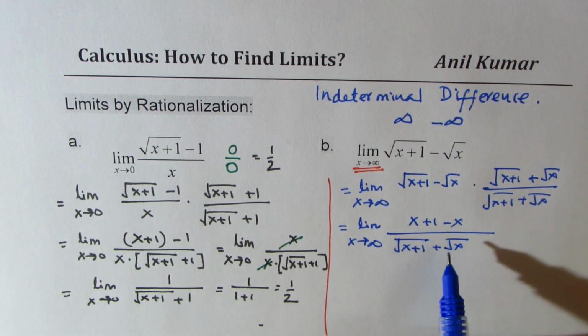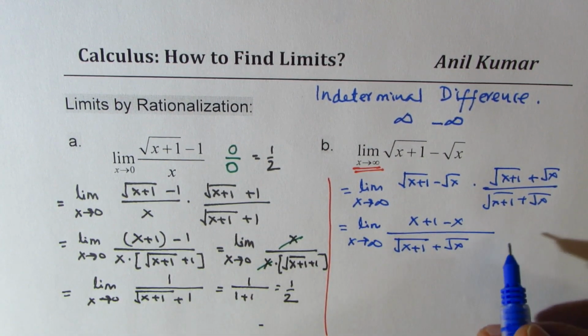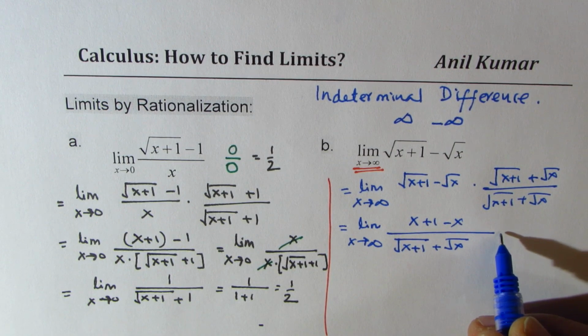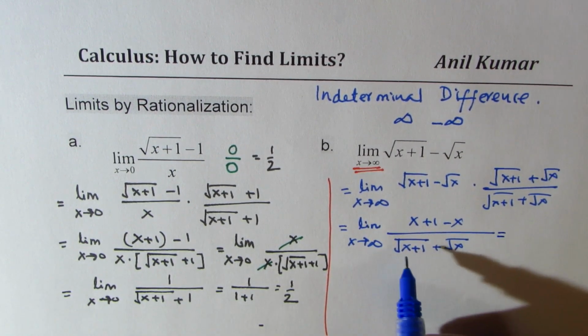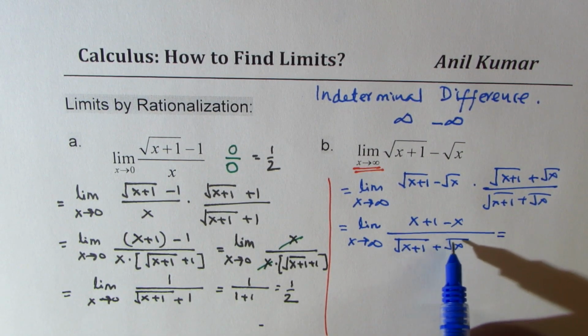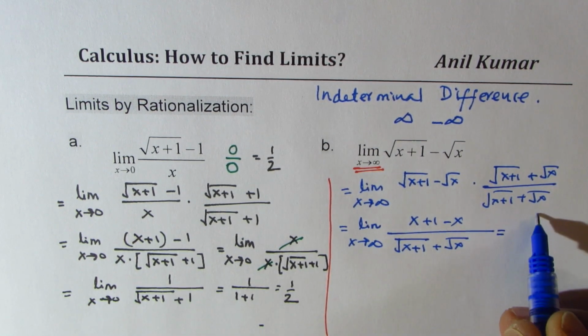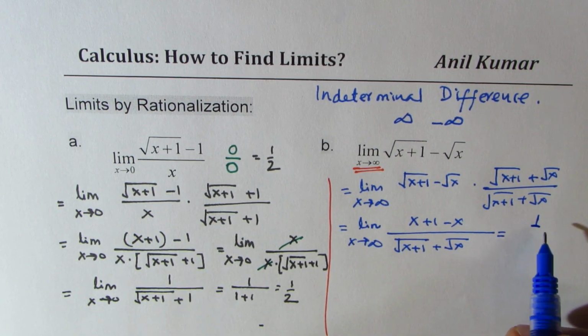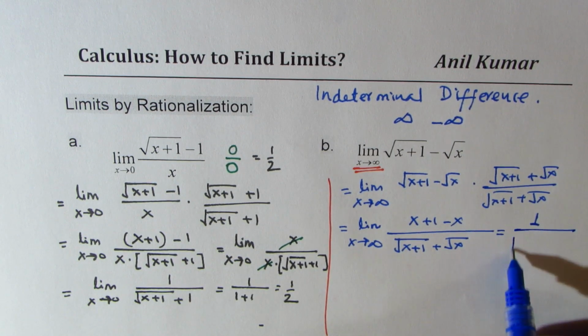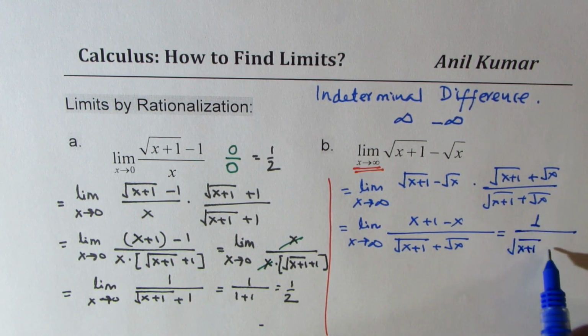Now, in the numerator, x cancels. So we are left with just 1, right? So 1 over square root of x plus 1 plus square root of x.